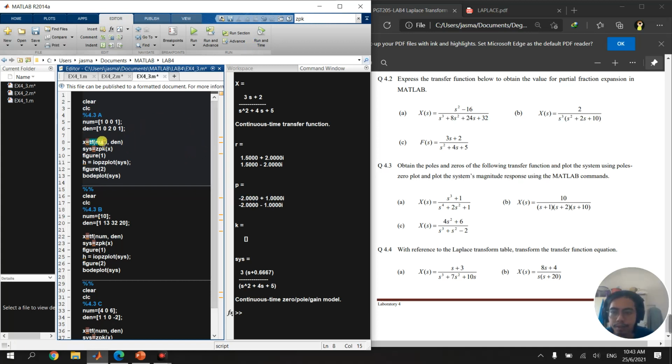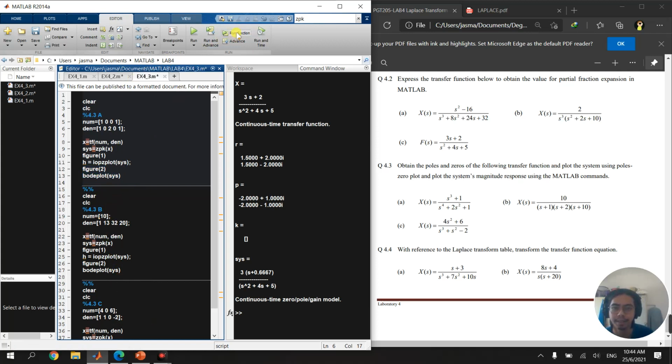Firstly we do the transfer function for the numerator and denominator as before, and then we convert it to zpk, putting the transfer function into a zero-pole-gain function to get the values to plot on the graph. Then we make one figure for the zero-pole graph, and then figure 2 for the plot, which is for the magnitude.